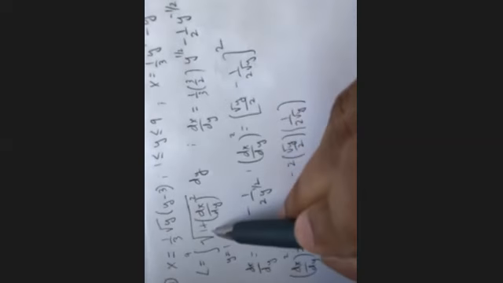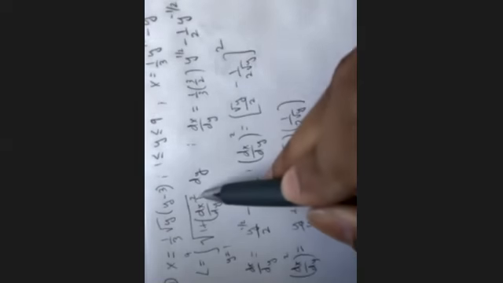Now note that in the formula for the arc length, we have 1 plus dx over dy squared. So now let's add 1 to it.